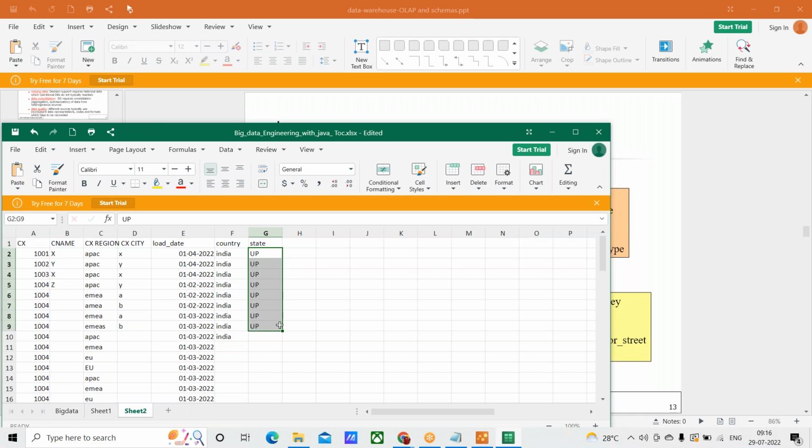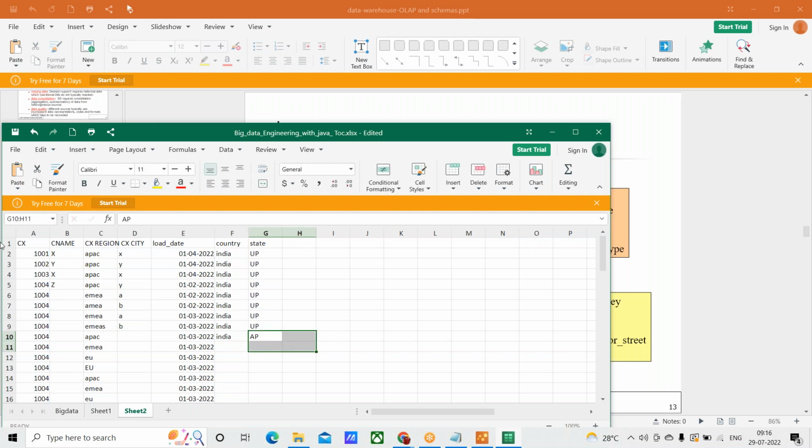That means 10 million records have the same value UP out of 100 million records of India. So for country, all 100 million will have India. For UP, since 10 million people are there, all 10 million records will come as UP. Similarly, for AP, let's say that is 10 more million, then another 10 million records will be AP.